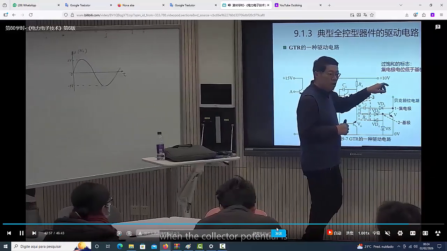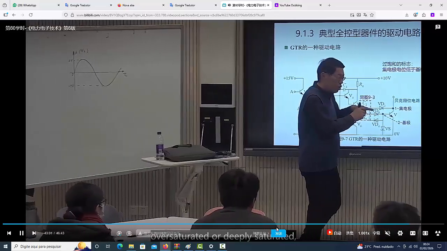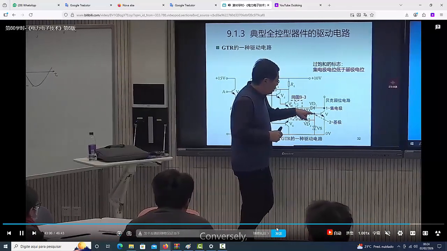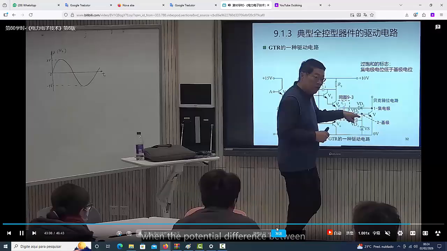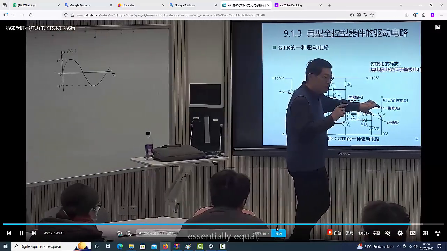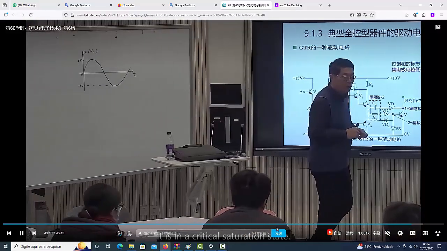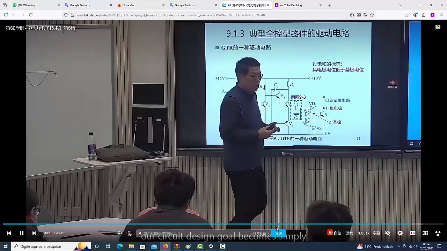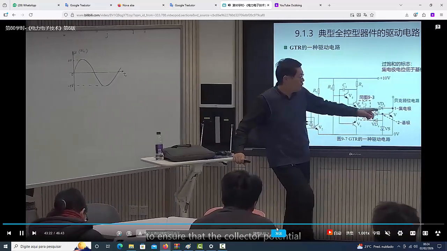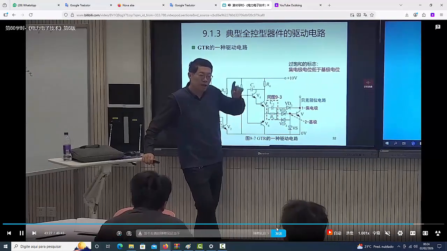When the collector potential is oversaturated or deeply saturated, it will be lower than the base potential. Conversely, when the potential difference between the two is not significant and is essentially equal, it is in a critical saturation state. Therefore, our circuit design goal becomes simply to ensure that the collector potential and base potential are approximately equal, which is called critical saturation.